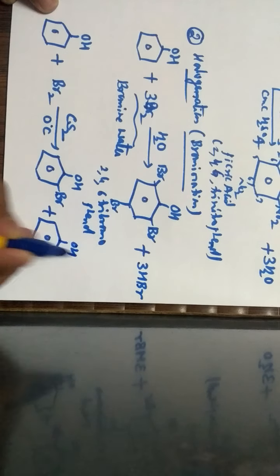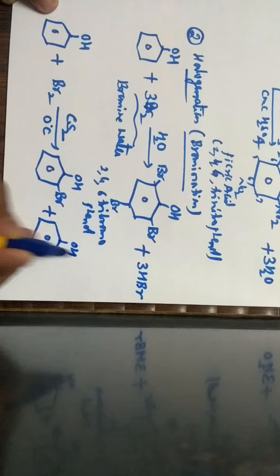So these particular products are obtained when phenol is subjected to bromination in the presence of what? Carbon disulfide solution. This is the major difference between bromination using bromine water and using bromine in the presence of carbon disulfide solution.